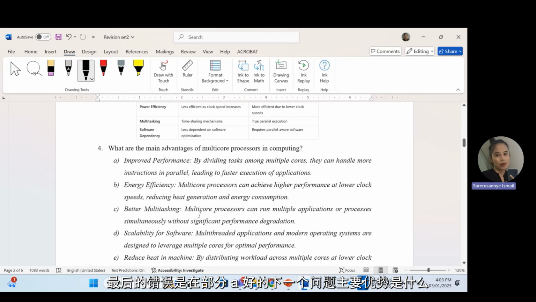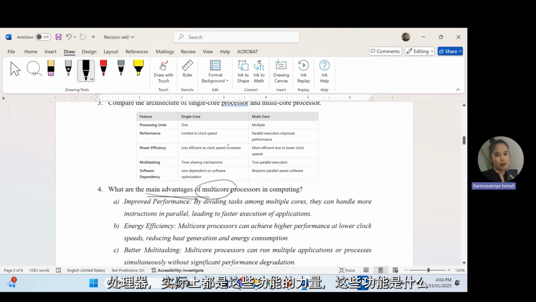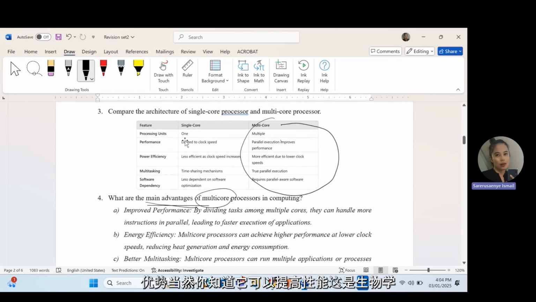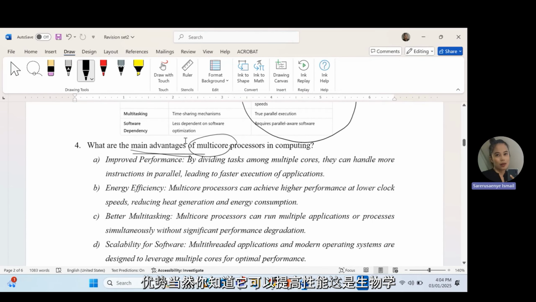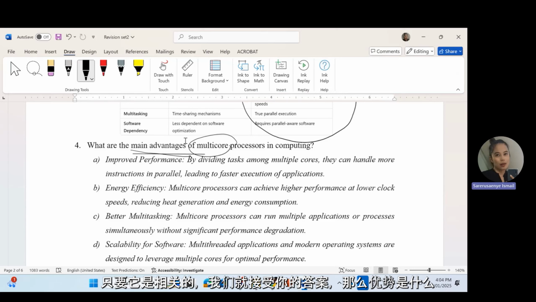Okay, next question: what are the main advantages of a multi-core processor? If you have a multi-core processor, from all of these features, what is the advantage? Of course, you know that it can improve the performance. This is by logic. In my final exam question, we do not have one definite absolute answer.